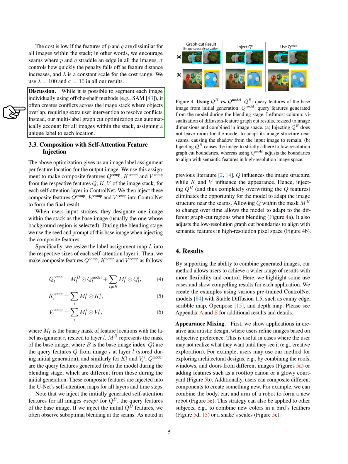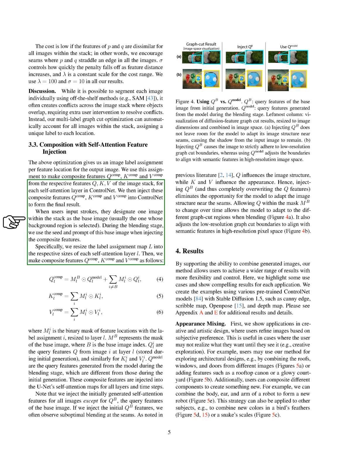The above optimization gives us an image label assignment per feature location for the output image. We use this assignment to make composite features $Q_{comp}$, $K_{comp}$, and $V_{comp}$ from the respective features $Q$, $K$, $V$ of the image stack for each self-attention layer in ControlNet.